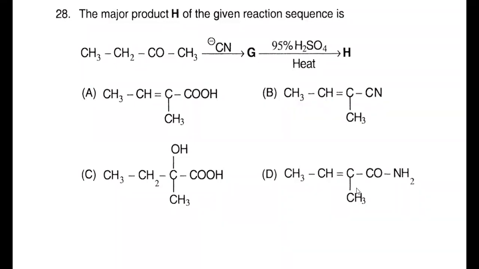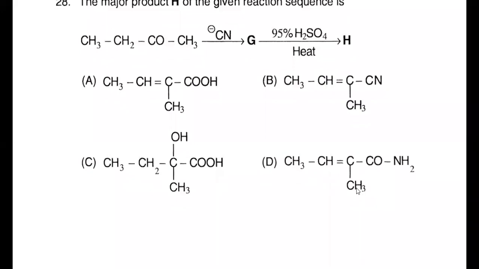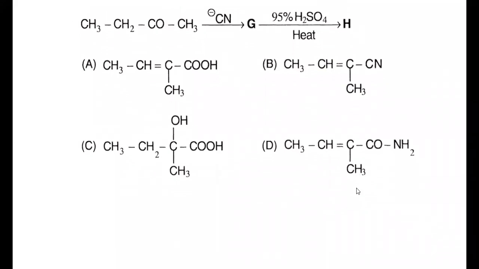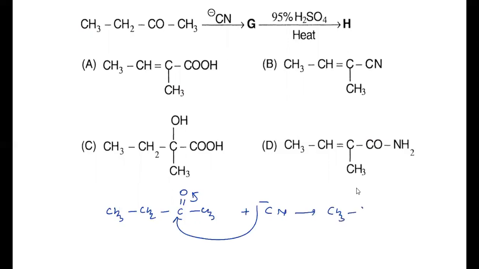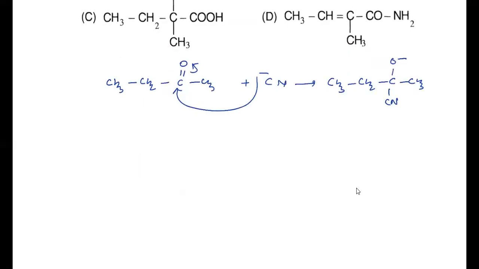So you write step 1 first. The first step is nucleophilic attack. This is COCH3, on which CN minus will attack as a nucleophile, leading to cyanohydrin formation. So this nucleophile will attack first, and we get CH3, CH2, CO minus, CH3 and CN. After this, we are treating it with 95% H2SO4 with heat, so two processes will take place.